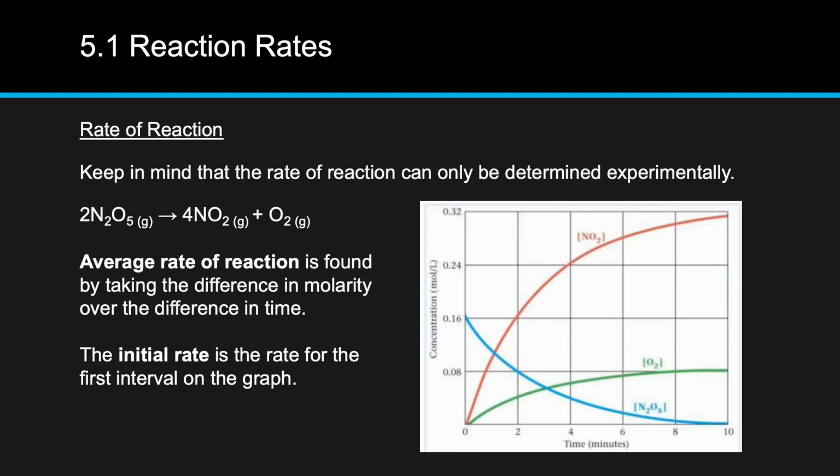So they are going to change according to their coefficients in the balanced chemical equation. You can see that NO2 is increasing about 4 times as much as O2. Well, that is because NO2 has a coefficient of 4 and O2 has a coefficient of 1. So that is going to be relative to those coefficients in front of your products.